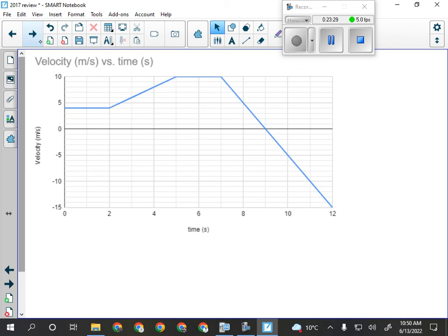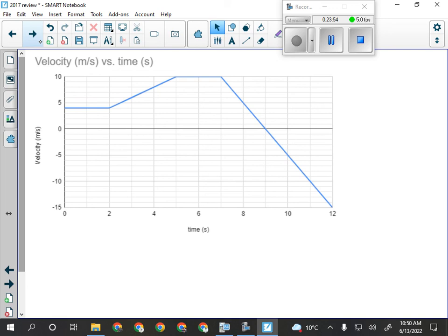Moves at a constant velocity of positive 10 meters per second in this case. And then what's going on in the last part? It's accelerating negatively or slowing down. Right, it's accelerating negatively. We could say it's slowing down, but it's only slowing down until what time? To 9 seconds.